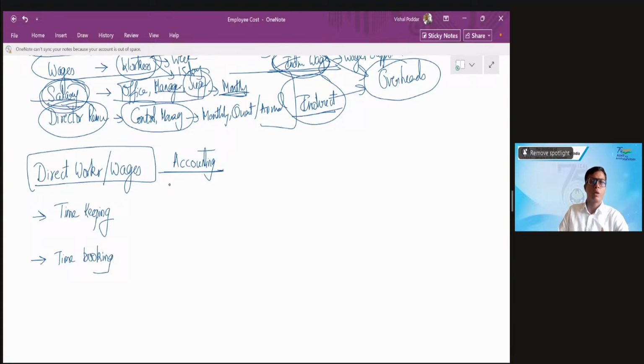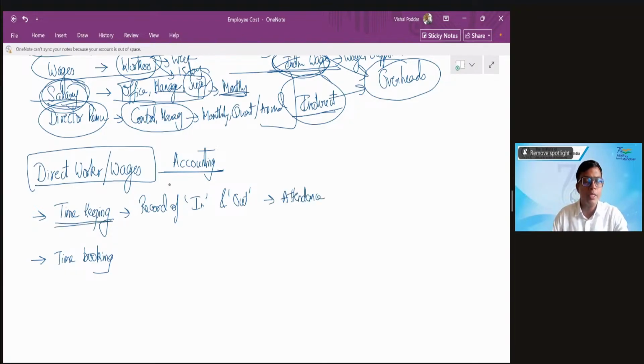Now, students, try to understand what these two concepts are. When you are keeping a record of the in time and out time of the workers, what we normally refer to as attendance, this is called timekeeping.